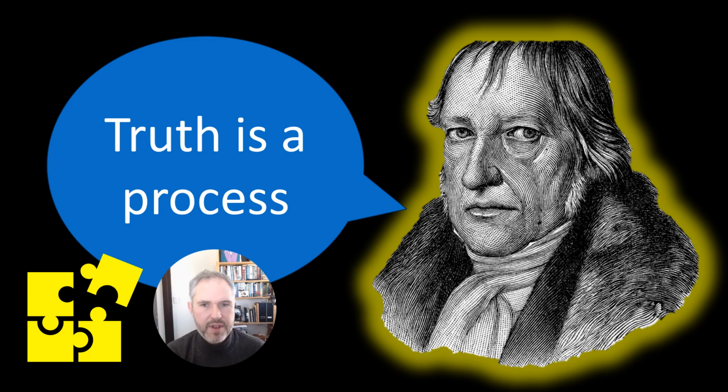A lot of people think that truth is true or false, like 1 or 0, yes or no, it's either true or it's not true. But Hegel wanted us to think of truth more like a jigsaw piece. When you get one piece of a jigsaw puzzle, it's not enough to really understand what you've got.